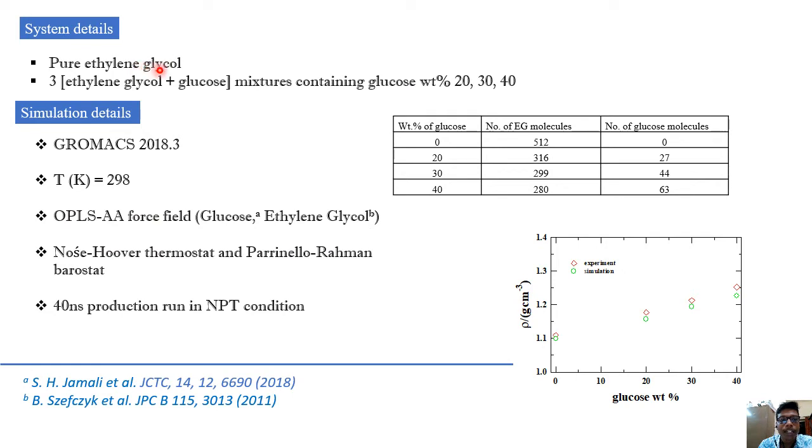So we have taken pure ethylene glycol and 3 ethylene glycol glucose mixtures containing glucose weight percentages of 20, 30 and 40. Here we present the simulated and experimental densities, and a fair agreement between these values ensures us about the validity of our simulation protocol.